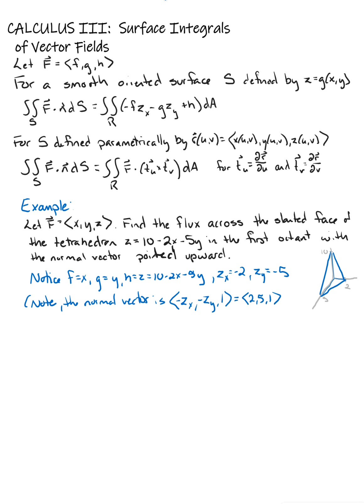So if you wanted to go through and compute this using the surface integral, we could, but I think we're going to go ahead and write this in terms of a double integral.